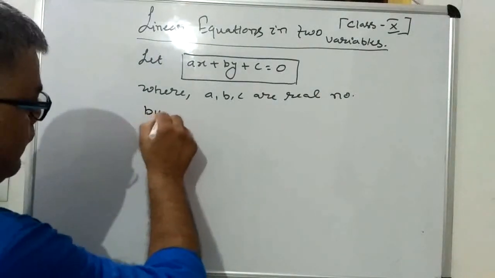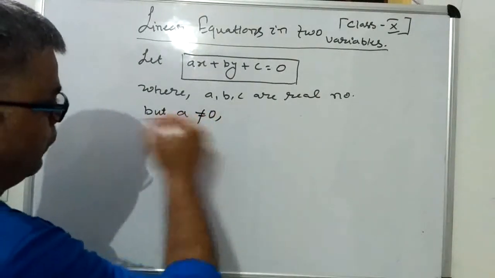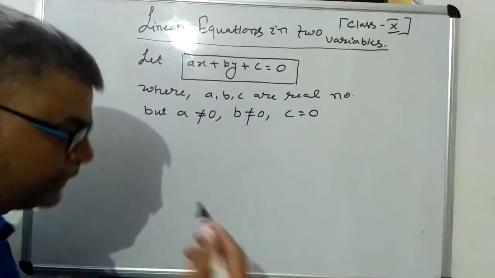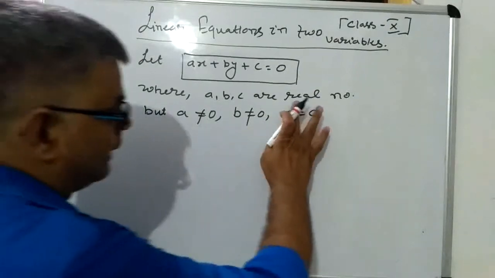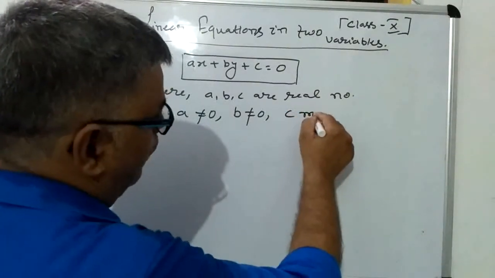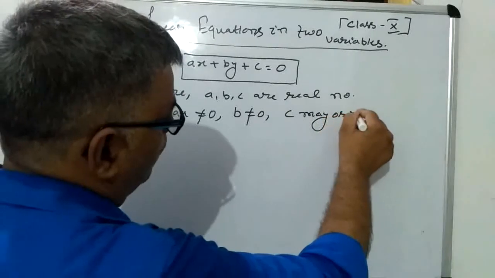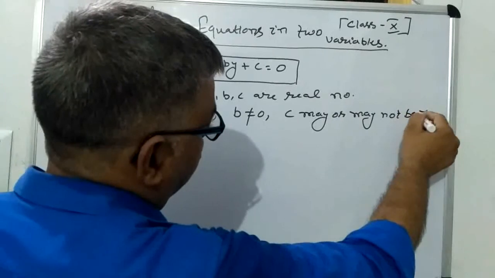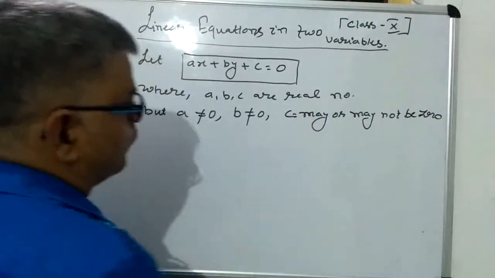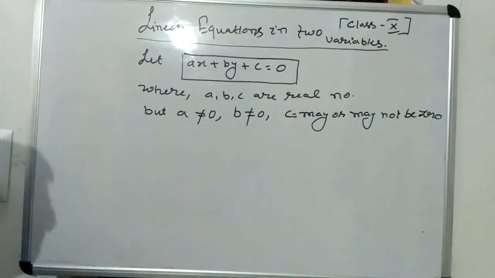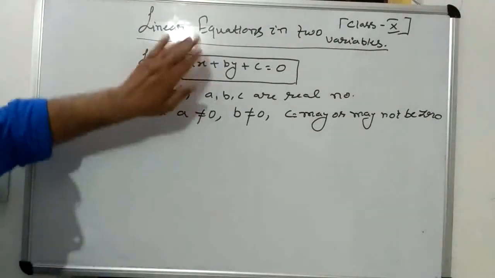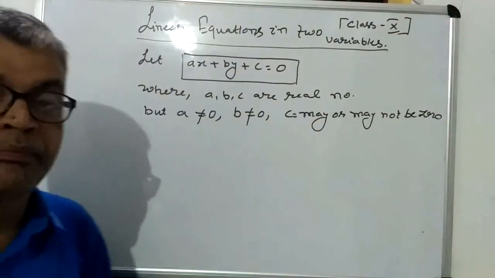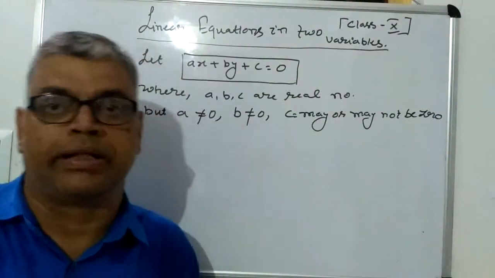But a is not equal to 0, b is not equal to 0, c may or may not be 0. The reason behind it is that when a becomes 0, then the x term will be eliminated, so now it will become a linear equation of one variable.